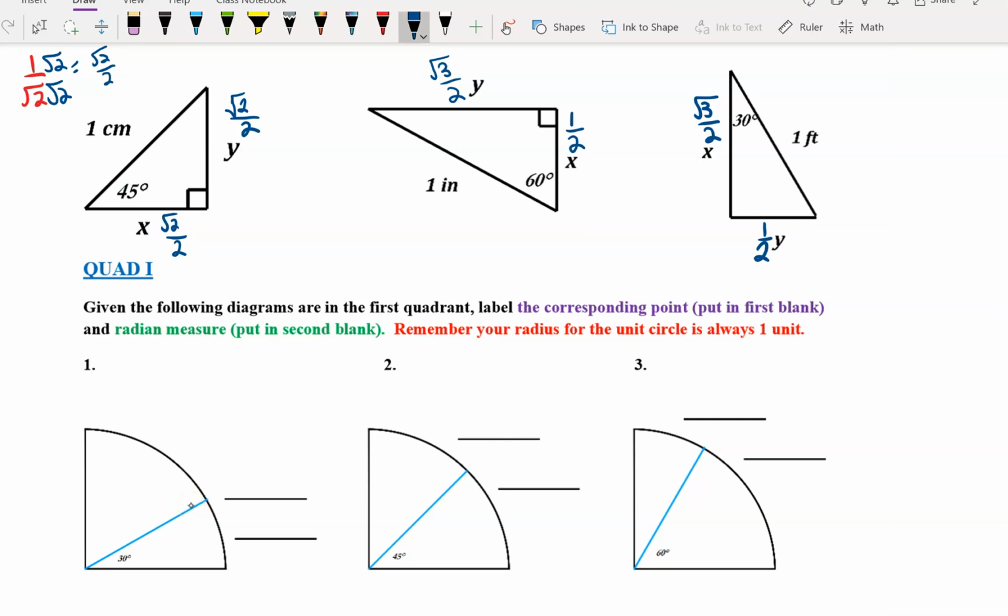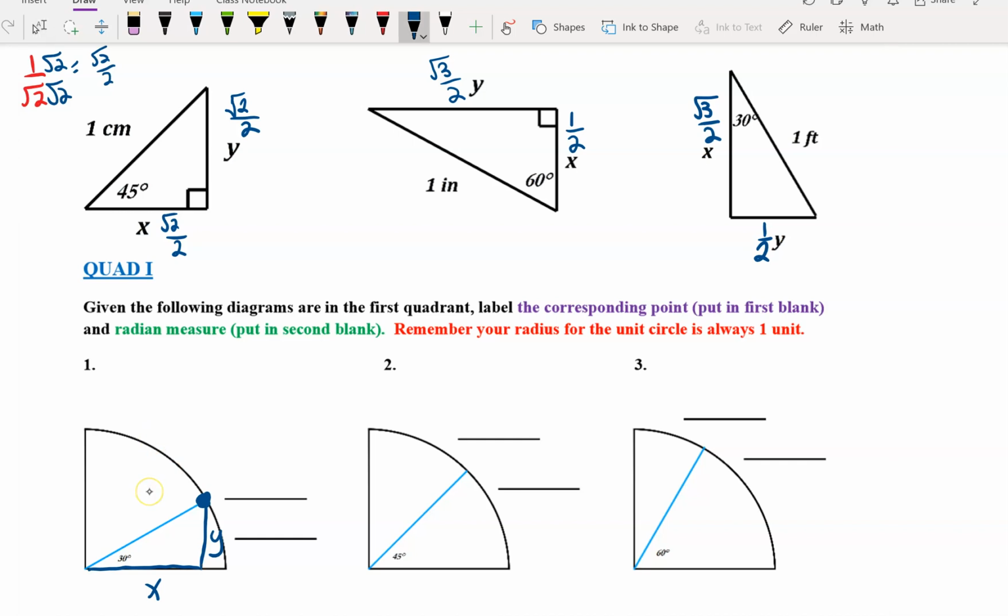And what we need to figure out here is what this length is and what this length is. The reason we're doing that is because we're trying to find the coordinate point on the unit circle. And that coordinate point is going to be an x, y coordinate. So we need to find what x is and what y is.